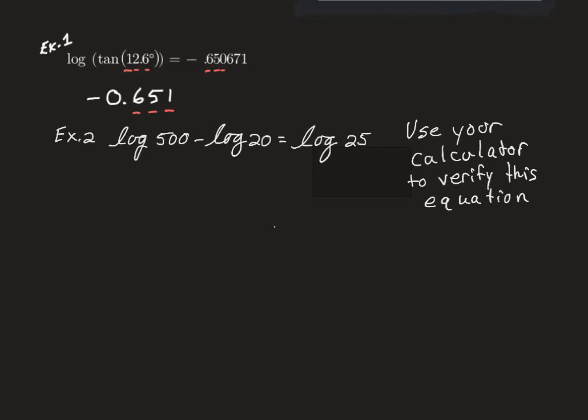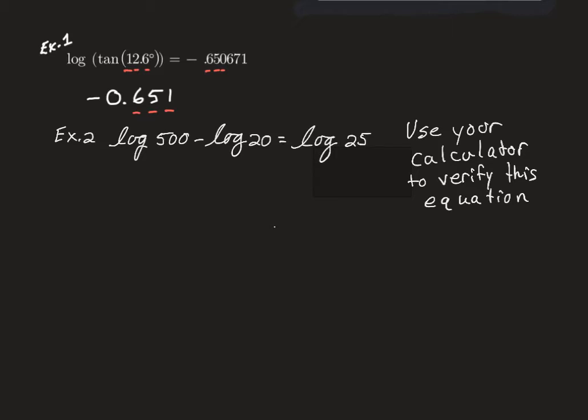So to use your calculator to do it, you will just enter this into your calculator and find out that it is 1.398. And if you enter the common log of 25 into your calculator properly, you will get 1.398. Therefore, it is true.